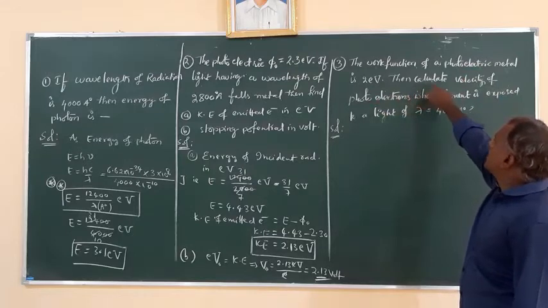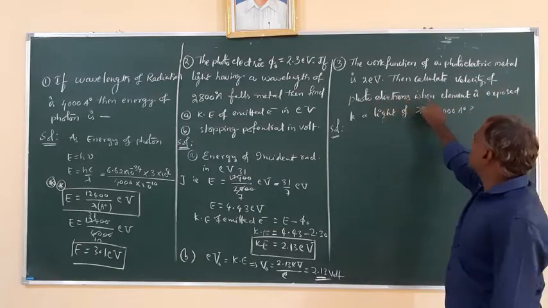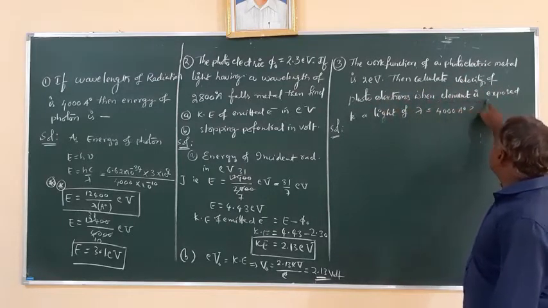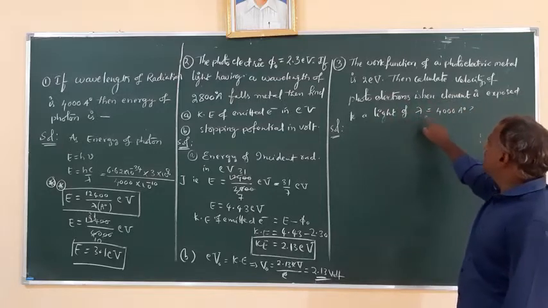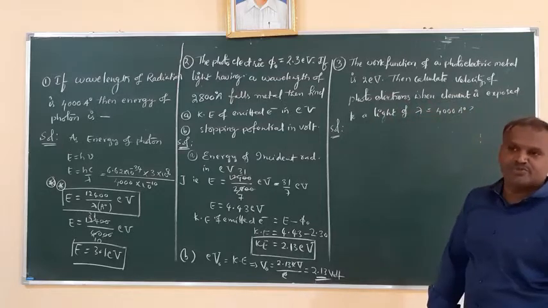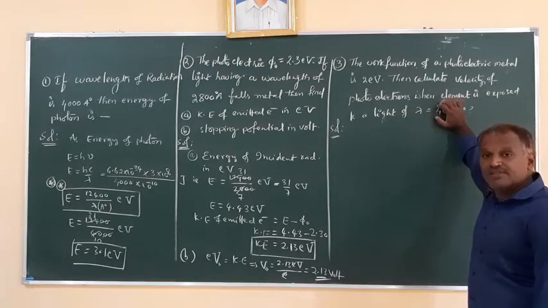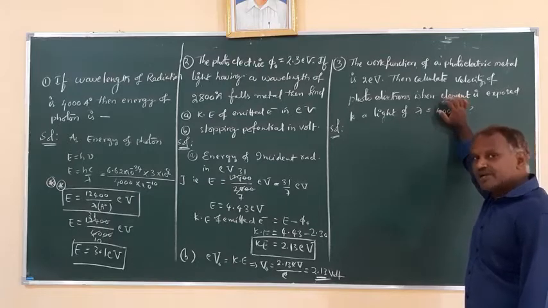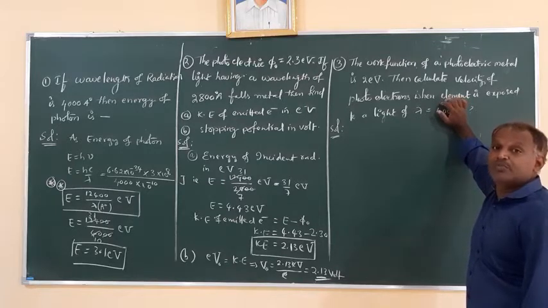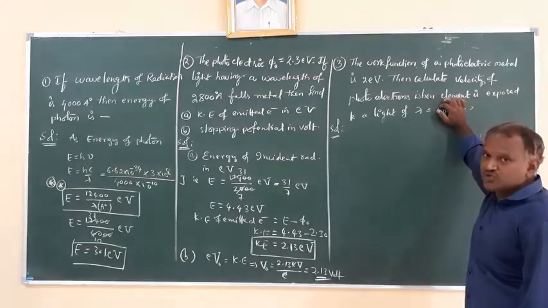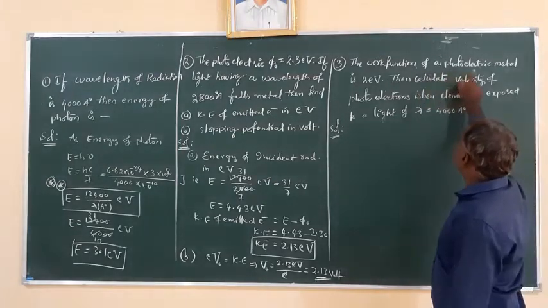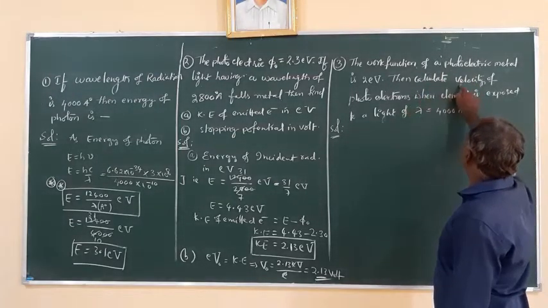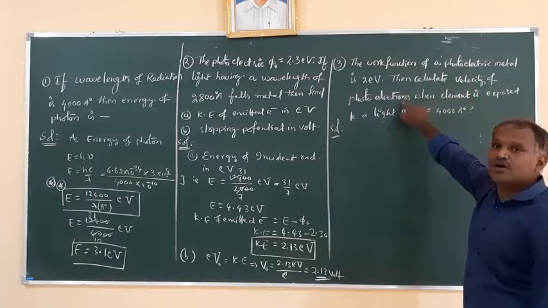Then calculate the velocity of photoelectrons when the element is exposed to light of wavelength 4000 angstroms. When this wavelength of light is incident on the metal plate, the electrons get out and acquire the maximum kinetic energy, so they possess maximum velocity also. So what is the velocity? It is asking to calculate the velocity of photoelectrons.